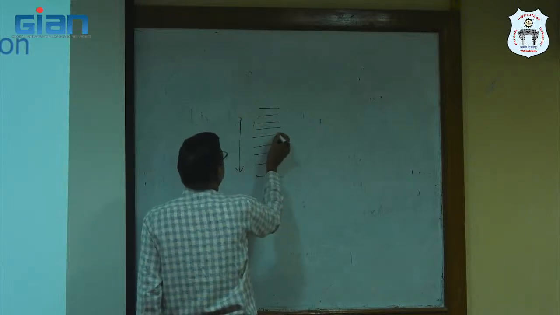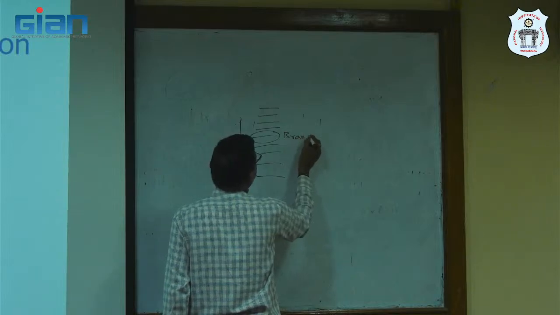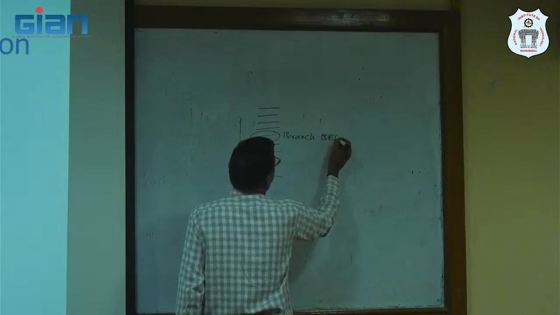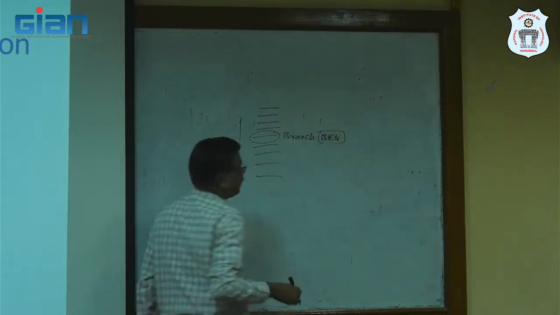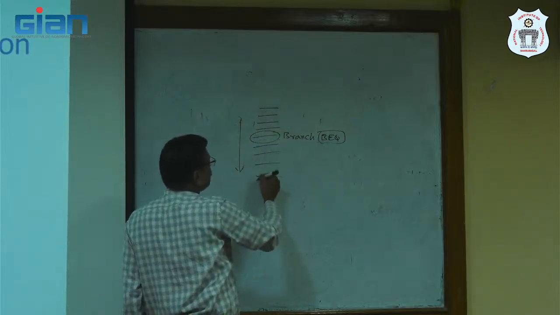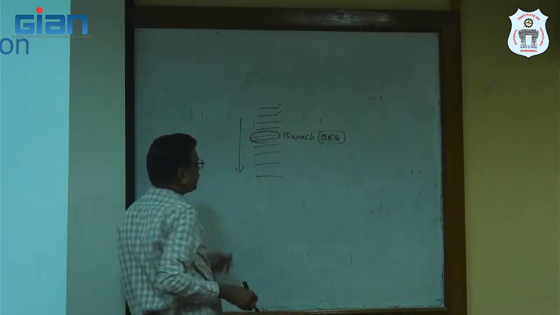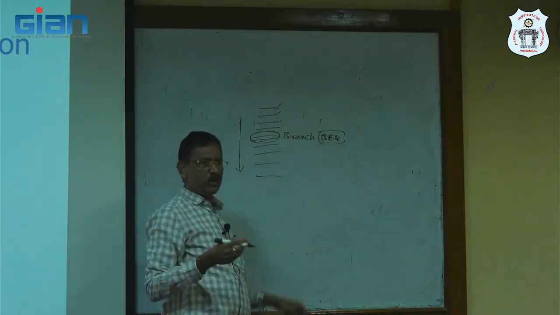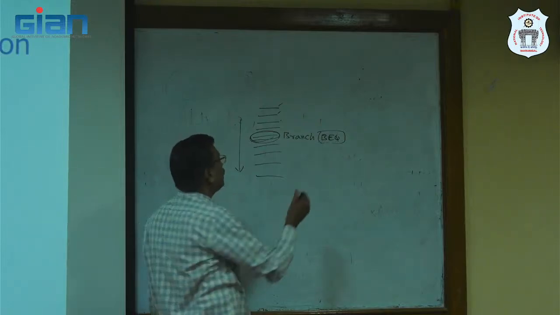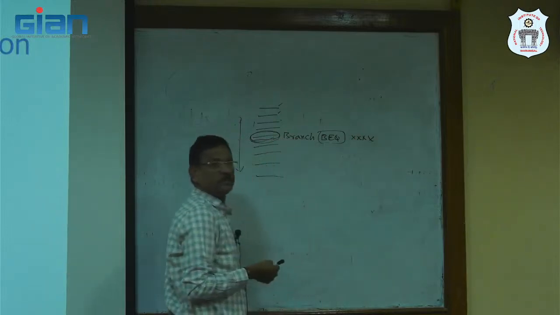Suppose this instruction is a branch instruction, branch on equal, BEQ. What will the branch on equal instruction do? Otherwise it continuously executes these instructions, instruction 1, next 2, 3. When the processor executes this branch on equal, it is going to compare two registers. If the two registers are equal, it will skip to some different address.